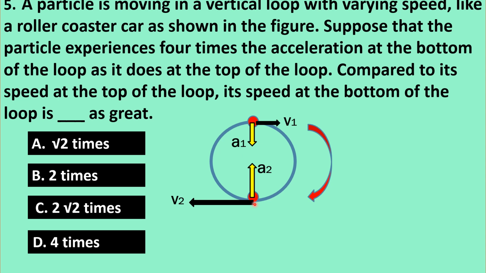But in order to answer the question, it says that the particle experiences 4 times the acceleration at the bottom of the loop. So in other words, a2 is 4 times greater than a1.